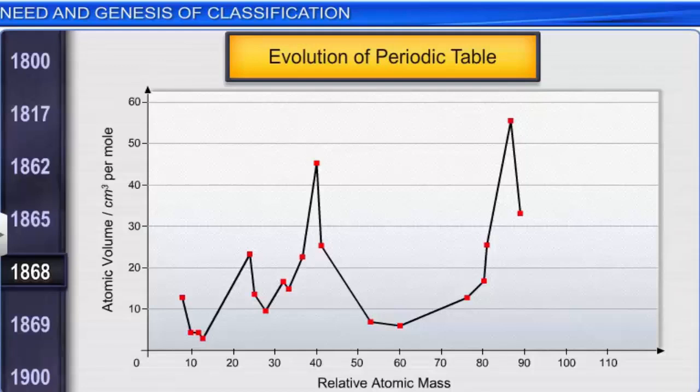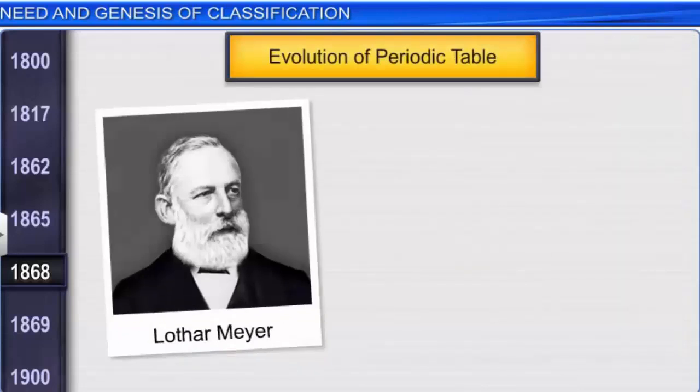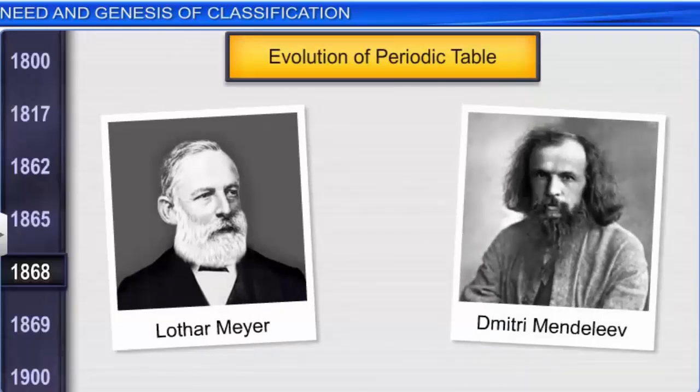Unlike Newlands, Lothar Meyer observed that the length of that repeating pattern was not constant and there was a change in the length, and so created a periodic table based on the increasing atomic weights as given on stage. Unfortunately, his work was published after the work of Dmitri Mendeleev. Hence, Mendeleev is considered the father of the modern periodic table.